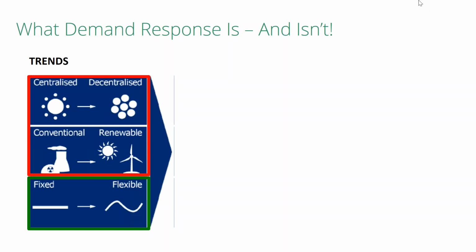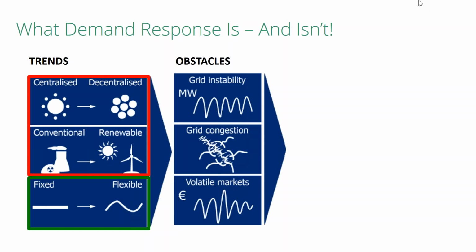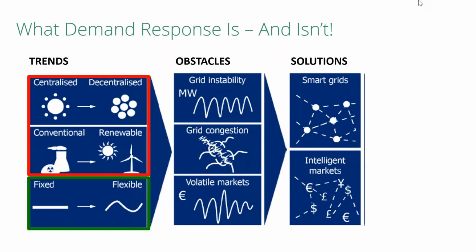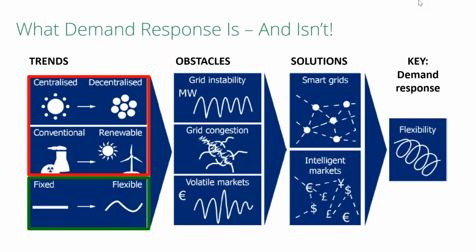That's good news because it combines very well with the other part. Because which are the main obstacles? As I explained before, grid instability, grid congestion, and also volatile markets. So which are the solutions? Smart grids and the changes in intelligent markets, and the combination of both is demand response. That is monetizing somehow the flexibility in buildings. Okay.